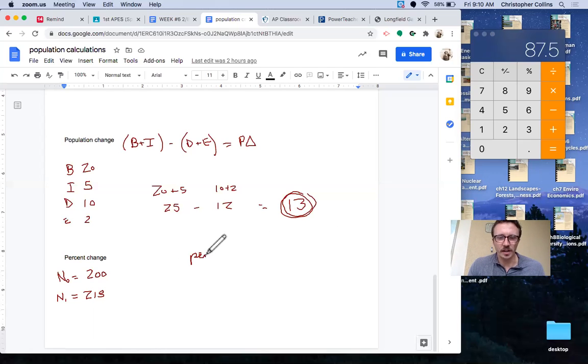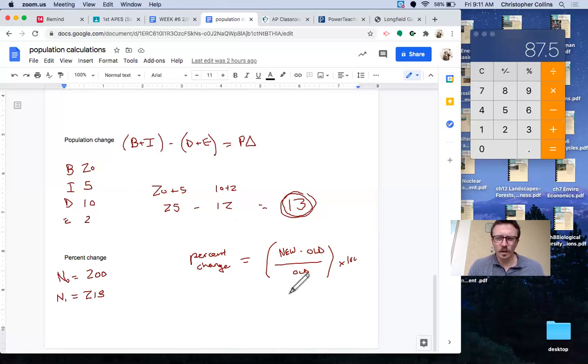So percent change, and we're going to use this formula over and over and over again for lots of different applications, right? Percent change is your new number minus the old number divided by your old number, right? So in this case, what you started with, your starting population and your new population. And then once we do that, we need to multiply it by 100 to get a percent, okay?